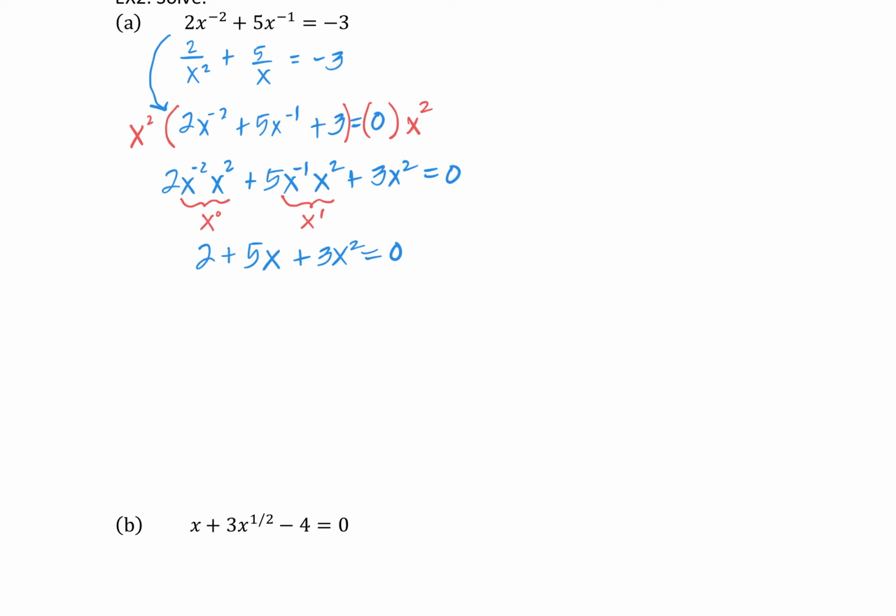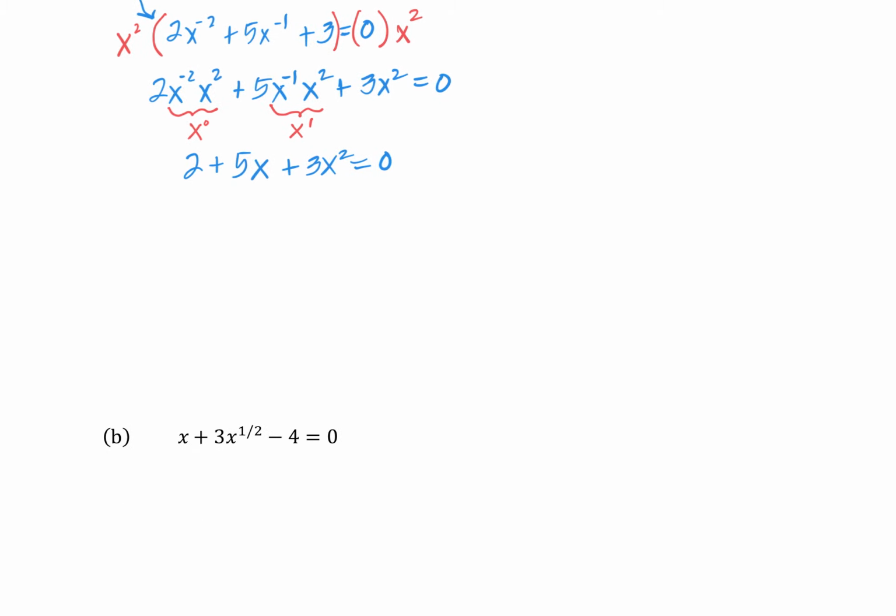You could do a substitution on the x to the negative 1. Or you could multiply both sides by the positive value of the smallest exponent and then get positive exponents. Now this is quadratic. This is 3x squared plus 5x. I'm sorry, it's hard for me to factor it if the x squared is not in the front, so I always rearrange. That's just my thing, you don't have to.